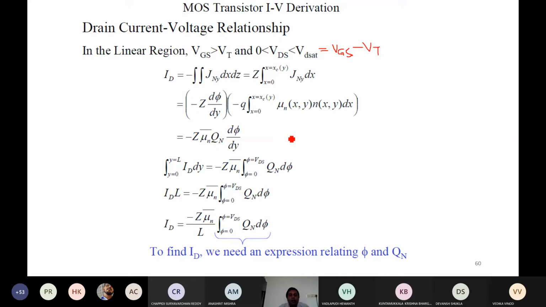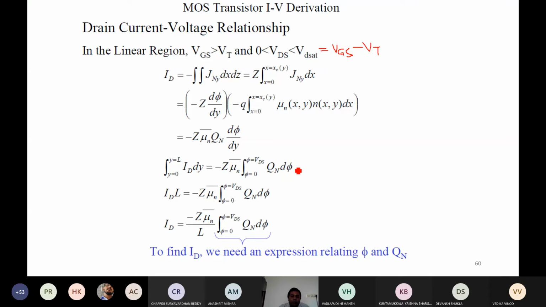And then further, if you want to find out the complete current, you have to integrate further. With respect to y, dy should be taken on the left side, and on the right side we can integrate with respect to potential. Some books denote it by voltage V, but here we have taken phi as the notation for surface potential.